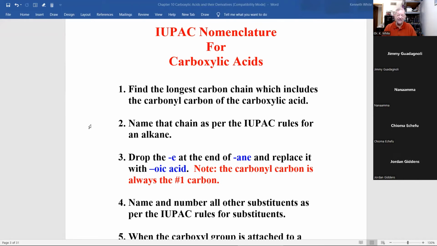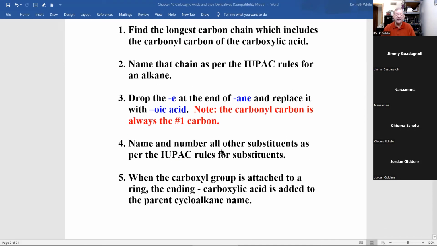Drop the E. All right, let's make sure you see this. So you drop the E at the end of the alkane name and replace it with the letters OIC and the word acid.